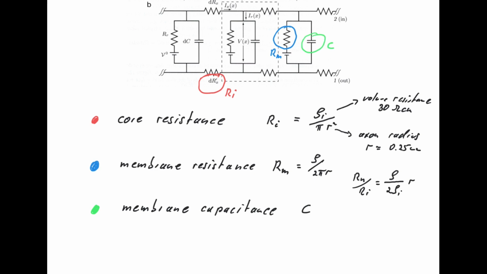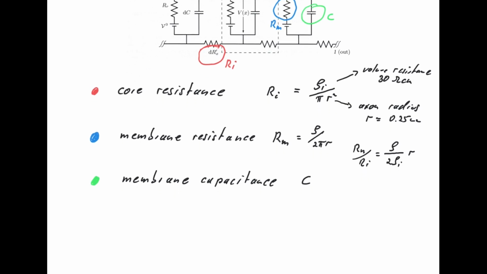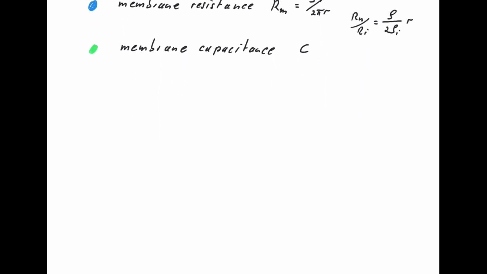Now, in order to characterize the behavior of such a cable, such a Hermann cable, we look at the current that is flowing in the x direction.